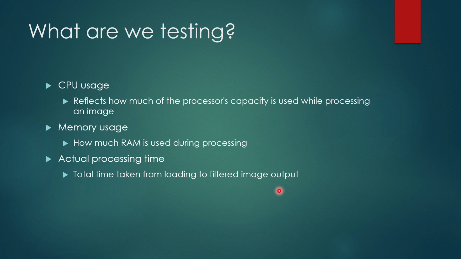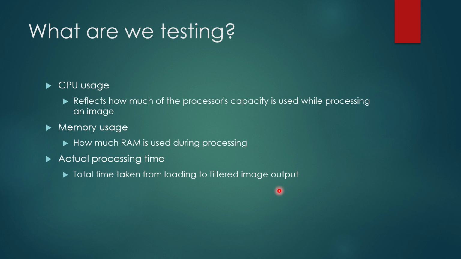So what are we testing? We're testing our method against OpenCV with CPU usage, memory usage, and actual processing time. CPU usage tells us how much of the processor we're using when processing the image. Memory usage is how much memory we're using, in the sense that we're not constantly going all the way to the disk to retrieve data.